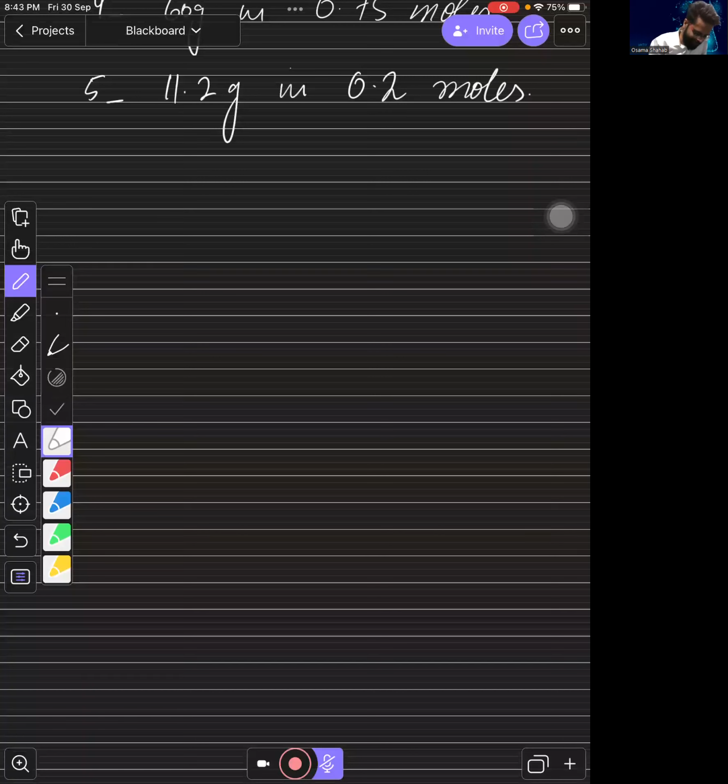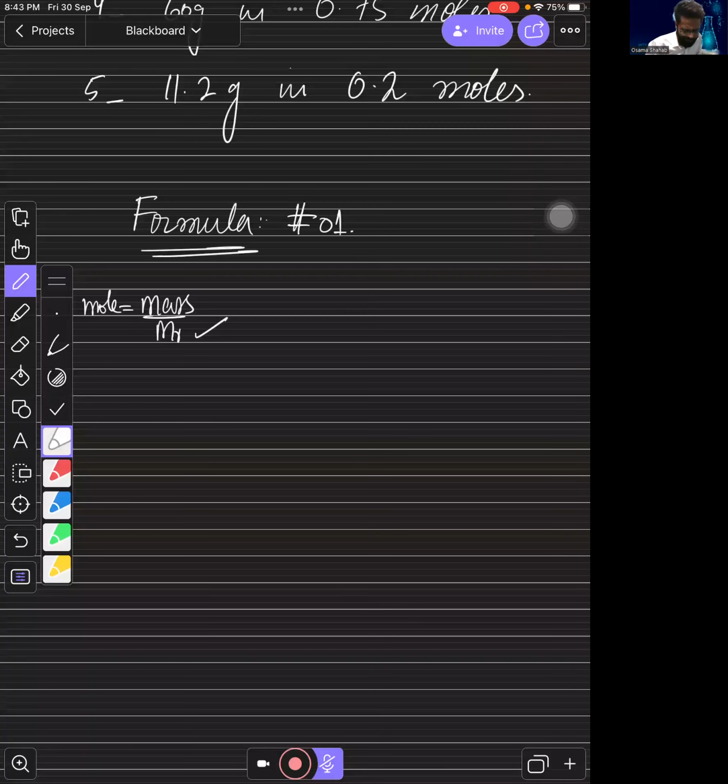Now, just look over here. What have we done so far? This is actually formula number 1 of moles. If the mass is given to you, what will happen, children? You can find out moles by dividing the mass by the MR. MR is constant, so you can simply divide your mass by the MR and you will get the number of moles.